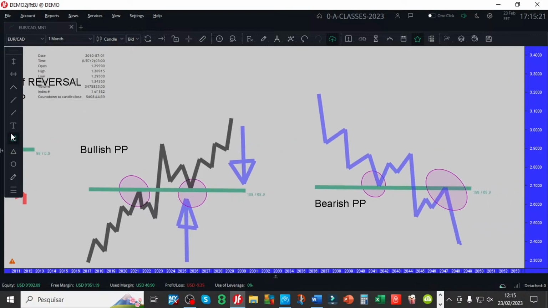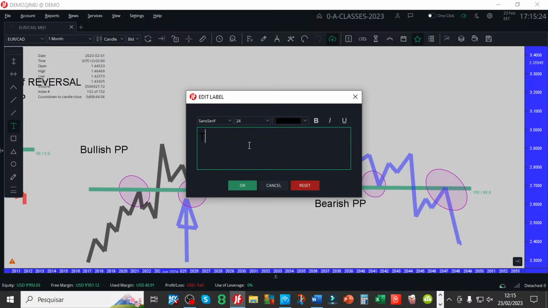Every single time frame has its own support, resistance, pivot points, but the most relevant ones are from the monthly chart.